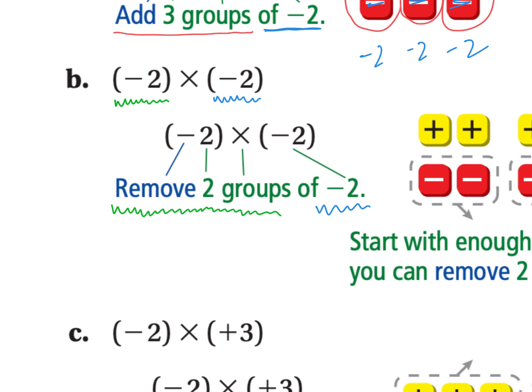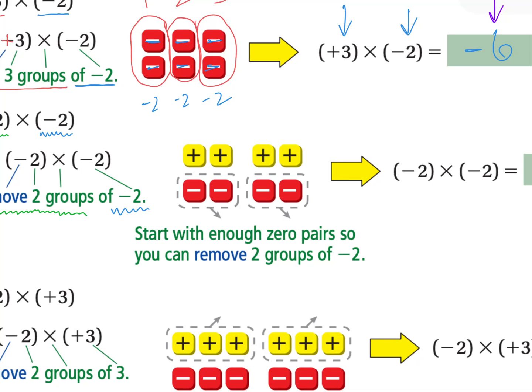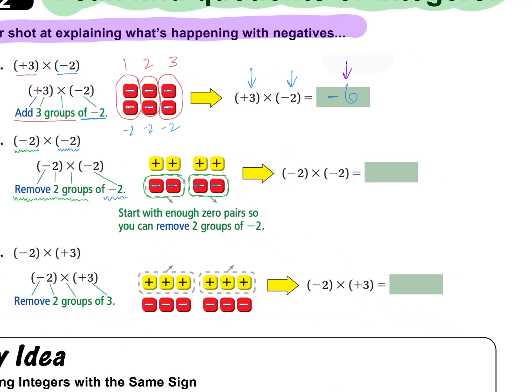So they've got 2 pictures here, and what I want to focus on is this bottom section right here. Because I look at this as, hey, here's one group, here's another group, and inside of each of those are 2 negatives. So when I remove 2 negatives, that would be like adding positive 4, okay?